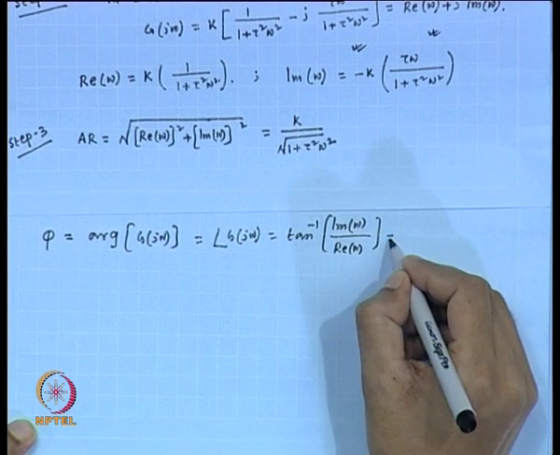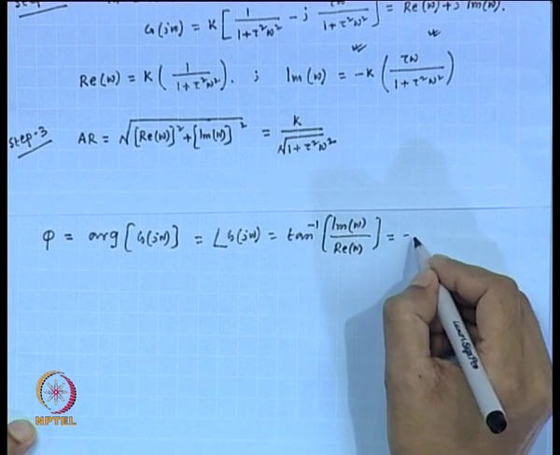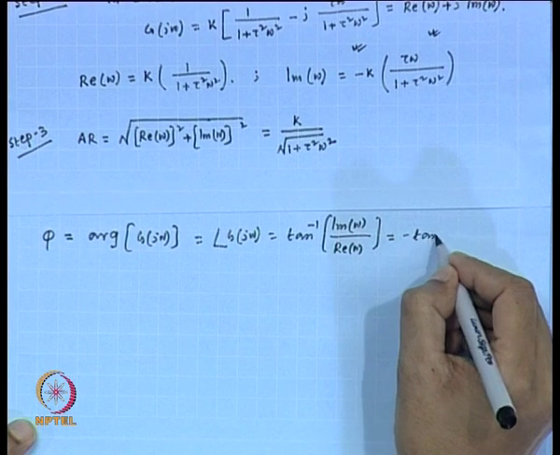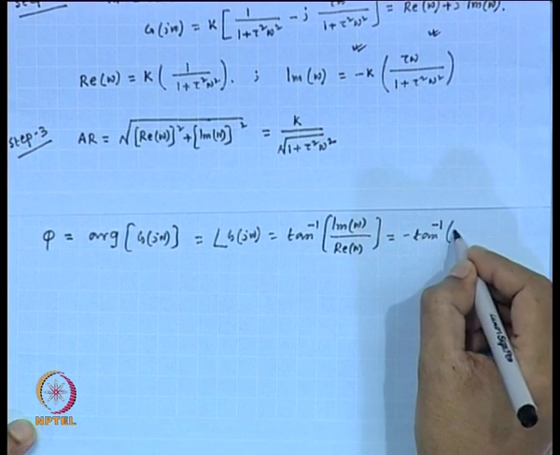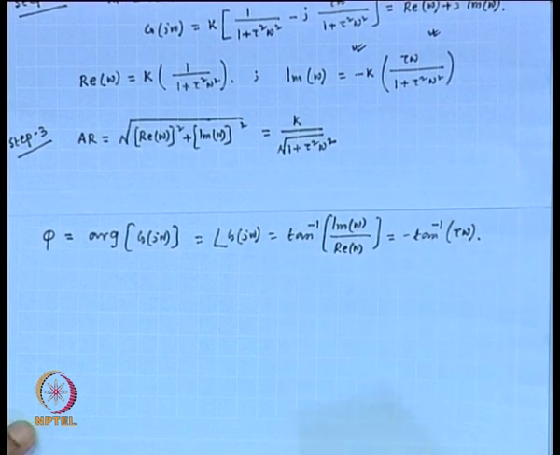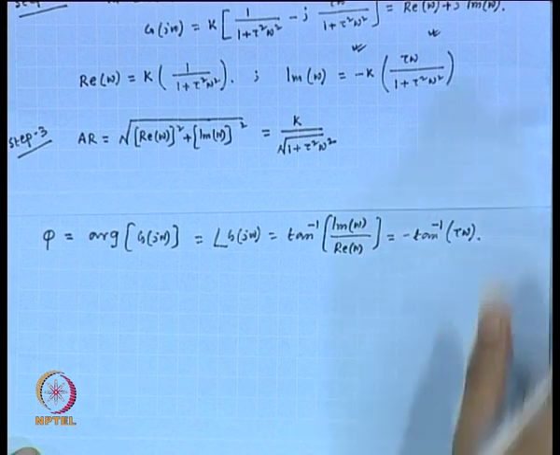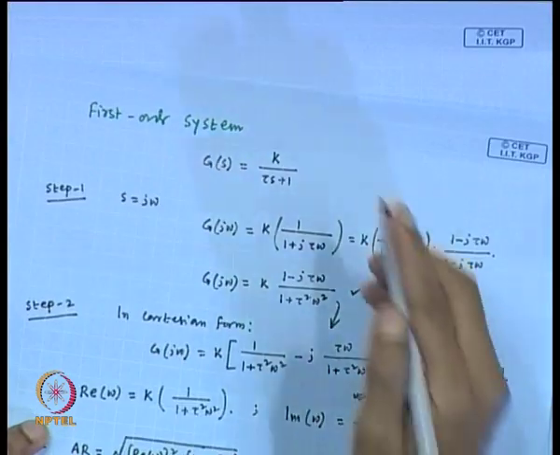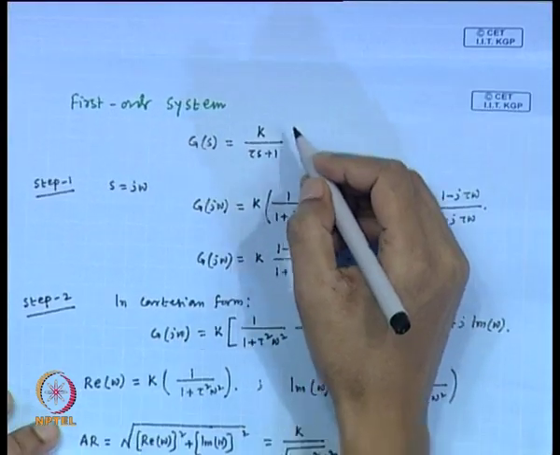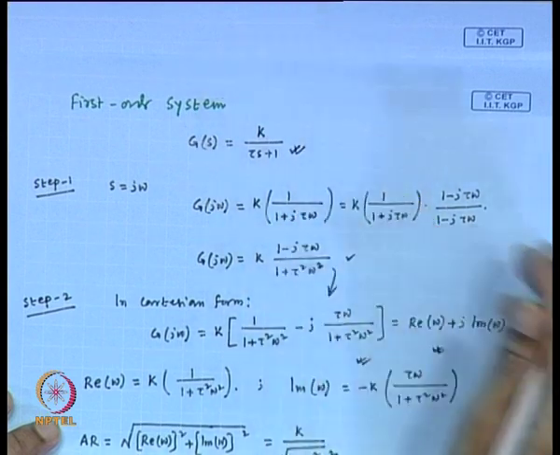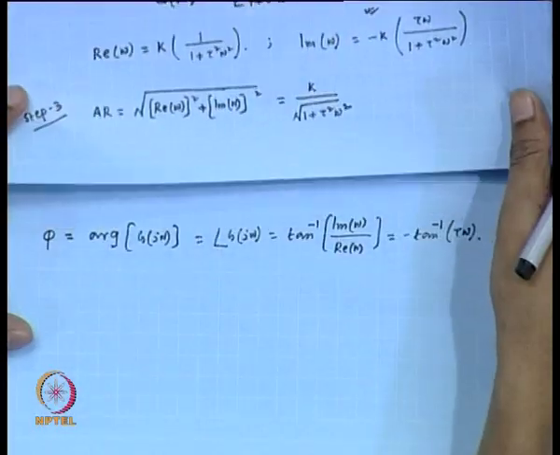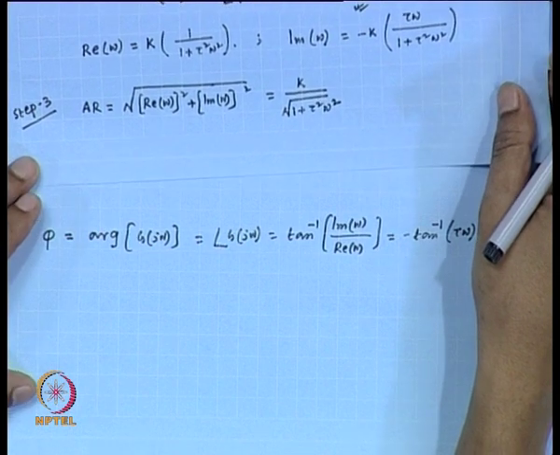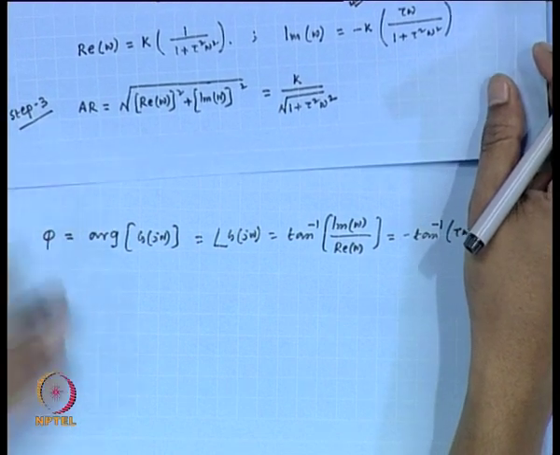Substituting imaginary and real part, we obtain minus tan inverse tau omega. So, for a first order system having the transfer function G(s) equals K divided by tau s plus 1, we obtain the expressions for amplitude ratio and phi representing the frequency response transfer function in Cartesian form.